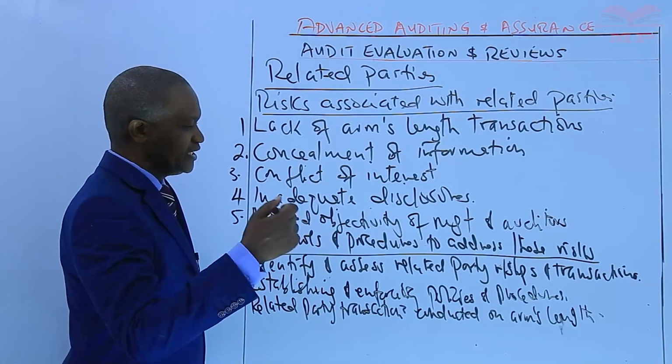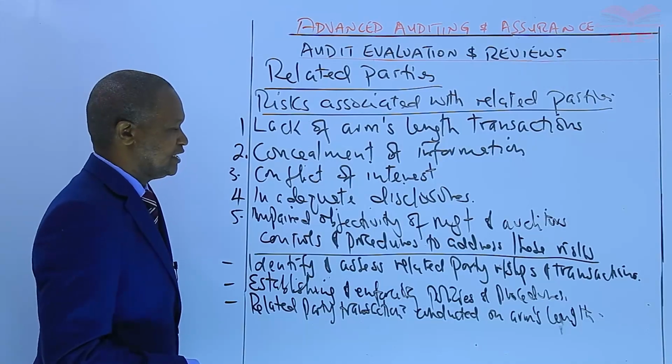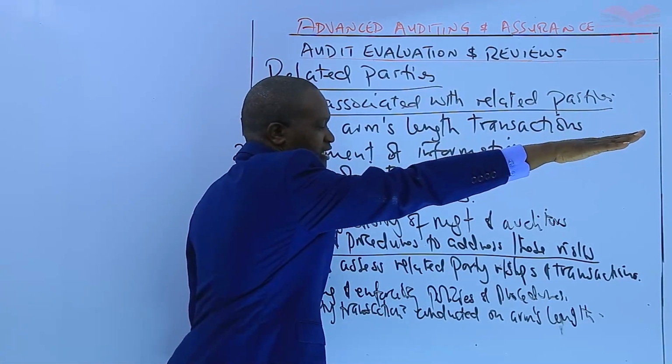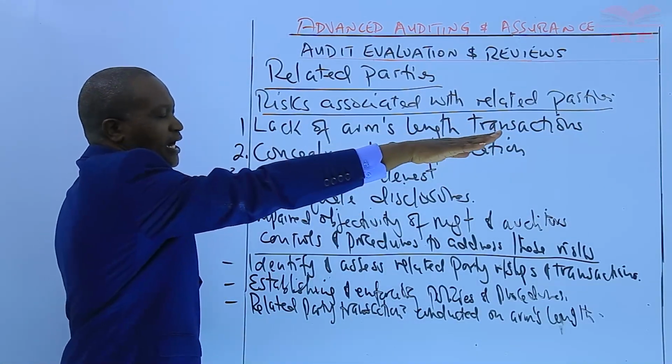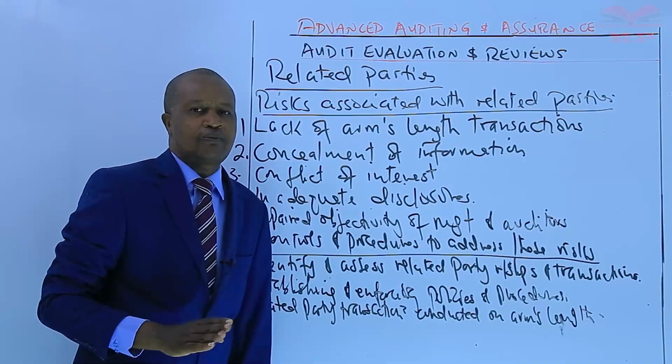When the company enters into transactions with a related party, such a transaction should be conducted at arm's length, and there ought to be proper, adequate documentation of such transactions.